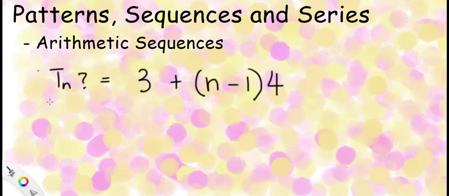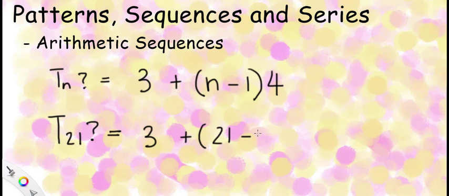The next question now is, what is term 21 of this sequence? What's the 21st term in this sequence? If we use the relationship between n and d, for term 21, we substitute 21 where n is, and we say term 21 is equal to 3 plus (21 minus 1) times 4.